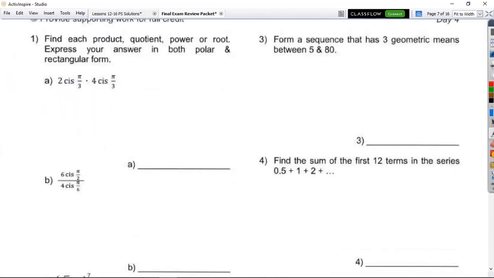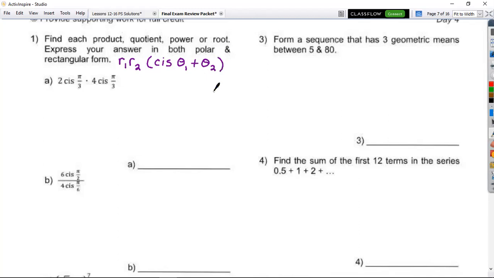So I first have a product. So what the rule is to do with these is you're going to take your radii and you're going to multiply them. And then you're going to take your angles and you're going to add them. So I'm going to go cis and I'm going to do theta 1 plus theta 2. That's a little formula if you want it.